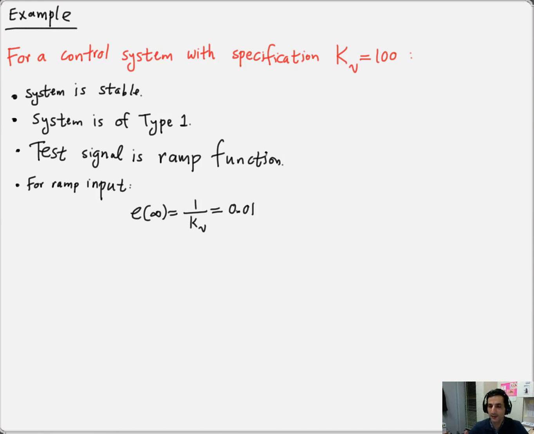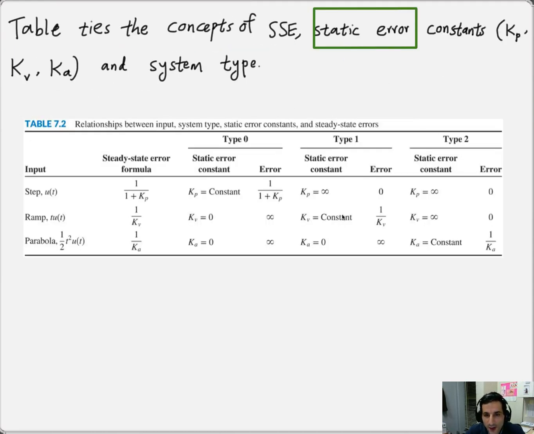Whenever you're given an acceleration constant, velocity constant, or position constant, the first thing that should come to your mind is that the system is stable, because these steady state error specifications are only defined for stable systems. And if you go back, Kv is defined to be a constant number only for type 1, and of course when your input is a ramp function.